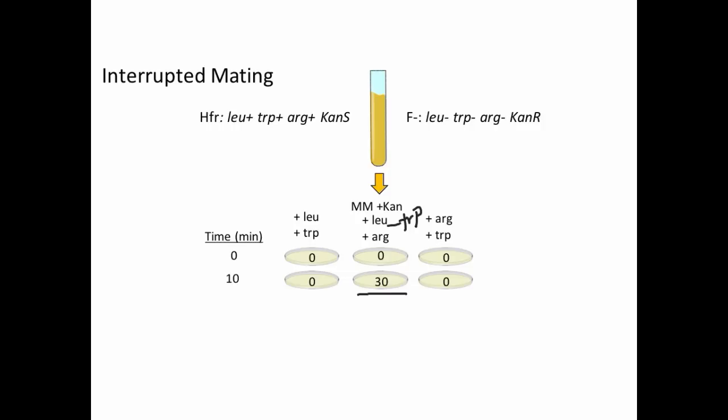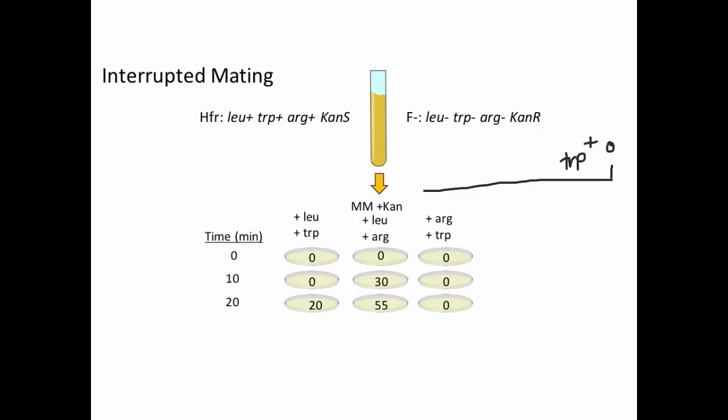And what this tells us then is that the prototrophic Trp gene was the first to transfer over during conjugation, meaning that it's the closest to the fertility factor origin on the HFR bacterial chromosome, so O for origin. So then if we wanted to map these genes relative to the fertility factor origin, we would say that Trp is the first one, or the closest.